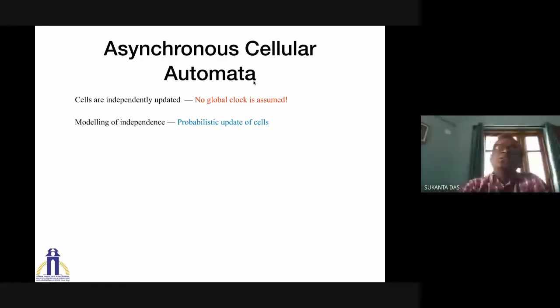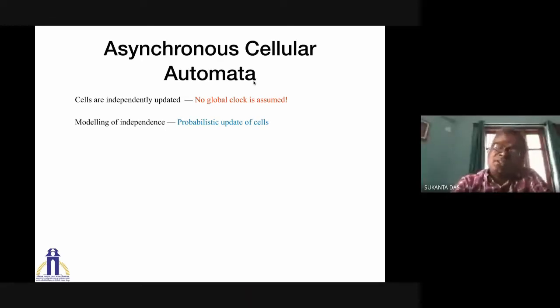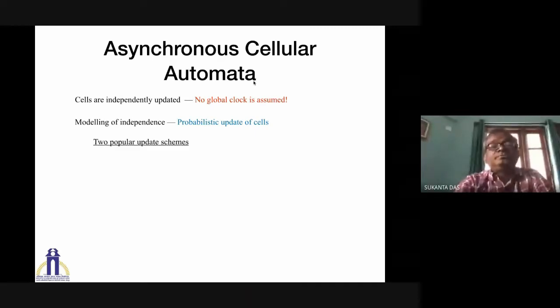This is the accepted way of modeling independence: you probabilistically update the cells. Now, the question is, how do I apply the probability? There are several update schemes, but two popular schemes that we'll discuss here are called fully asynchronous update and alpha-asynchronous update.